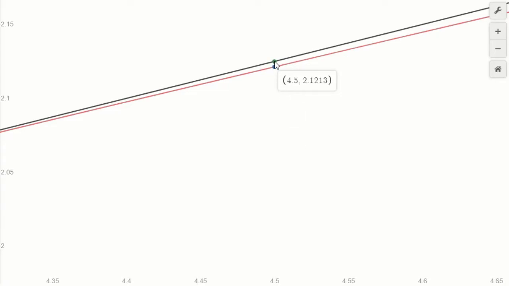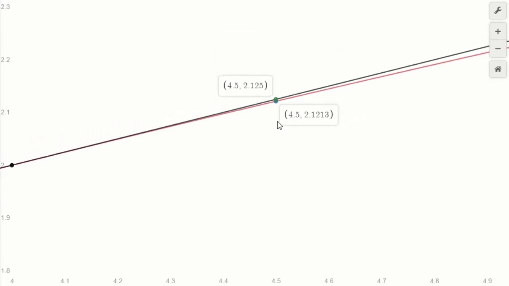This point right here is (4.5, 2.125). This is T at 4.5. So the point on the black line versus the actual value is here. See how close that is. I already had to zoom in a lot to just barely see some difference between the two.